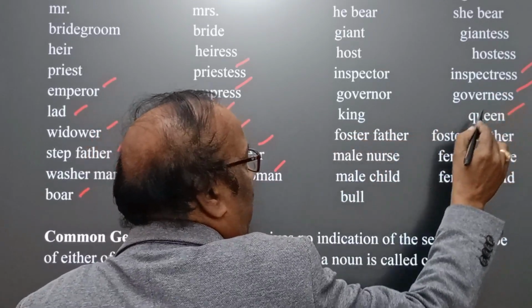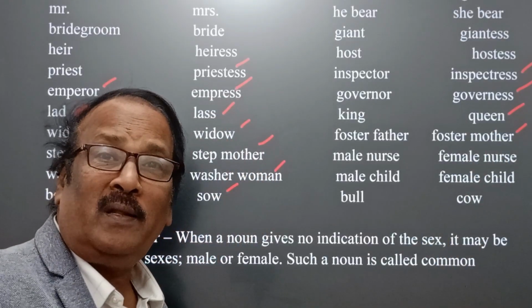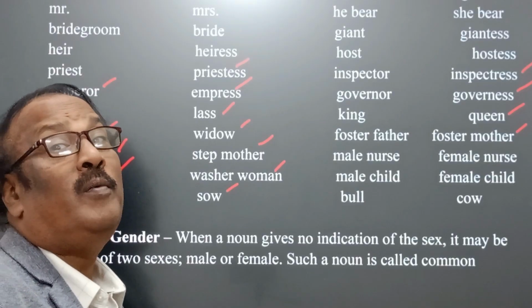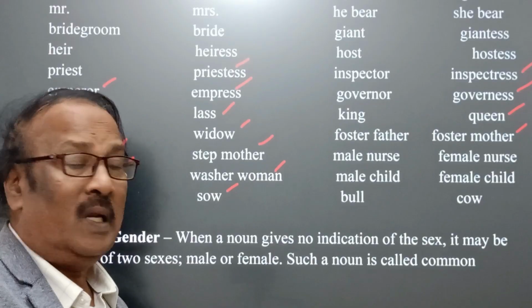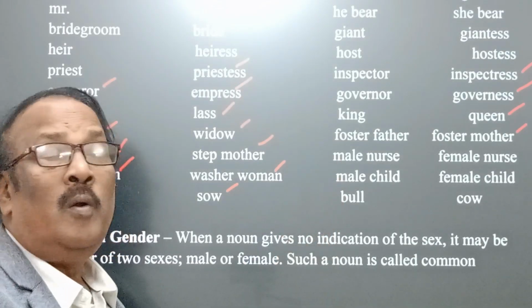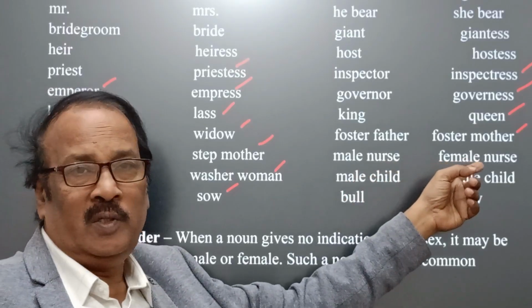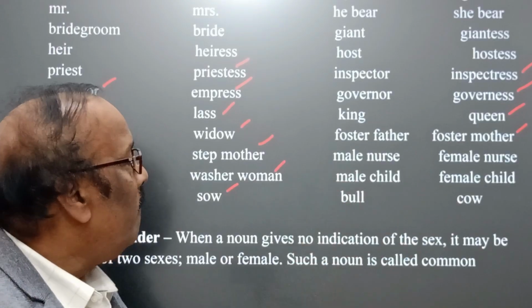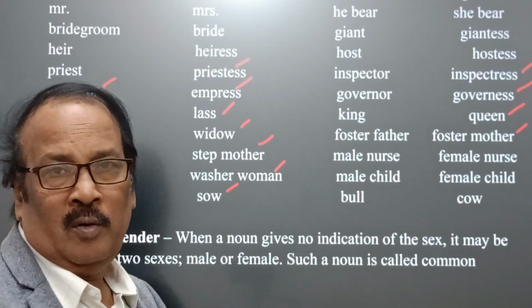King, queen. Foster father. What do you mean by foster father? The male member who has adopted a child of others to take care of as his own. In that case, that is what you call a foster father. Yes, a male nurse, the opposite gender is female nurse. And here male child, female child, bull, cow.